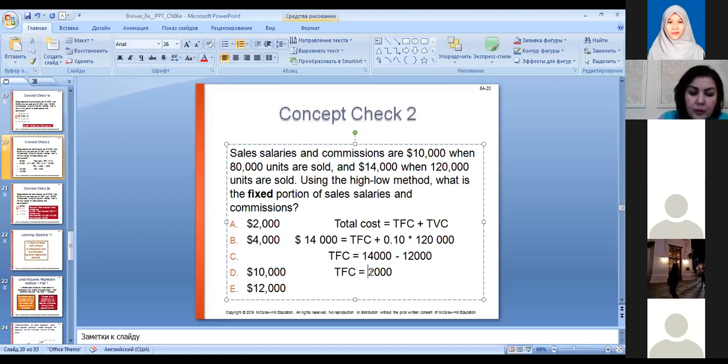So knowing the equation, this is an equation for total cost, and we substitute variables into this equation. We took the data for high level.